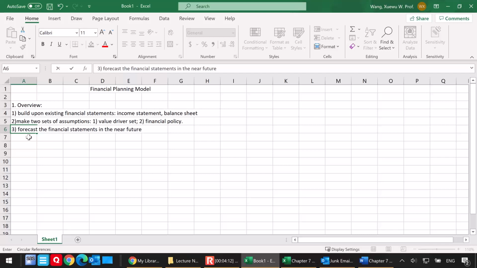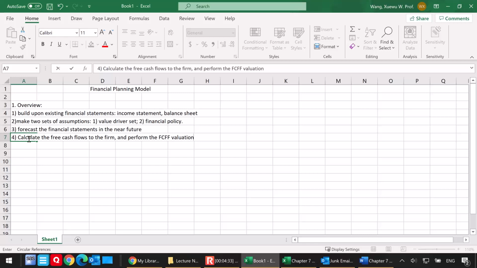After that, we're going to calculate the free cash flows to the firm and perform the free cash flows to the firm valuation approach.